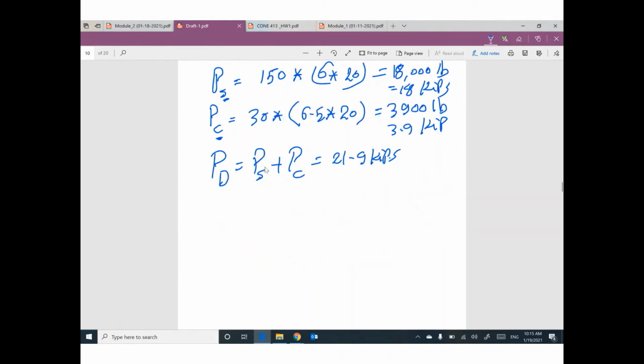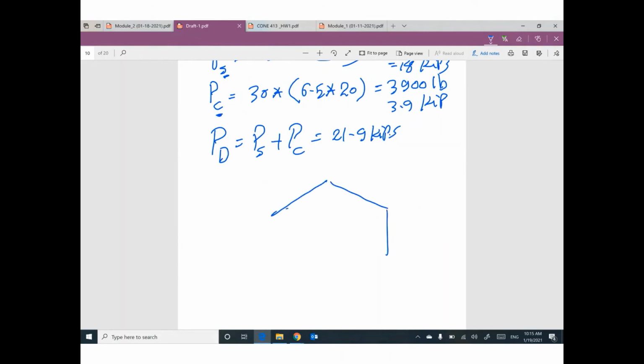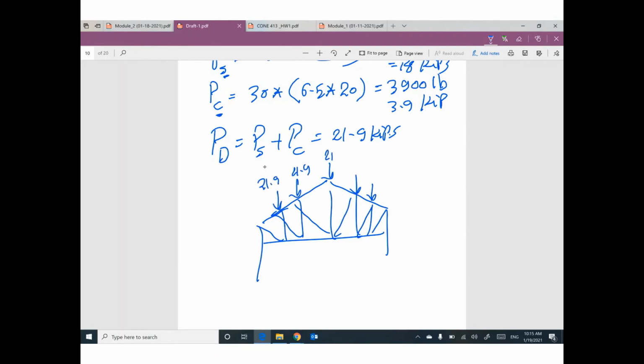So finally, your truss will have concentrated load at each joint. How much? 21.9, 21.9, 21.9, 21.9, 21.9. And the edge joints will have this value. How much? 10.95, 10.95. Your truss is ready for structure analysis.